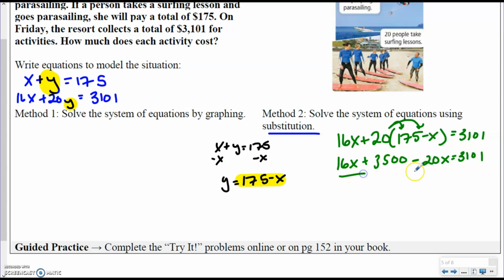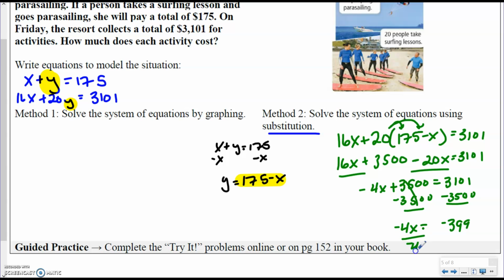We're going to combine our like terms here and here, so we get negative 4x plus 3,500 equals 3,101. Move everything over. We get negative 4x equals negative 399.